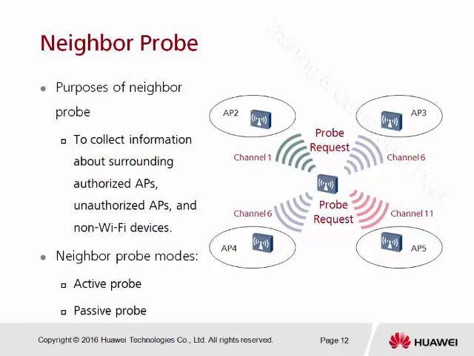It doesn't care what channel the APs use. It keeps sending probe requests to get information, because it wants to know how many unauthorized APs, authorized APs, or non-Wi-Fi devices are around my current AP.